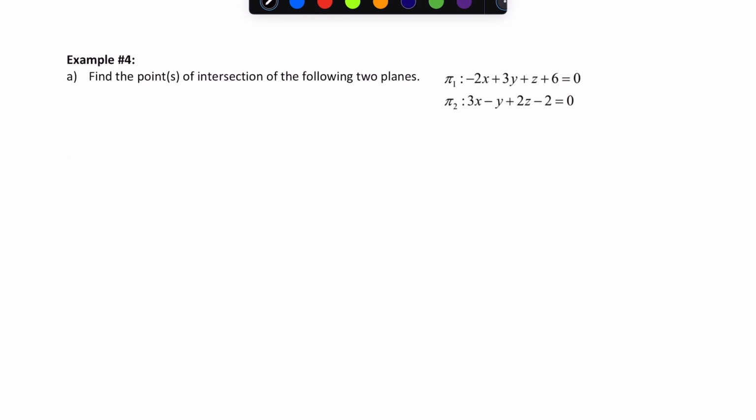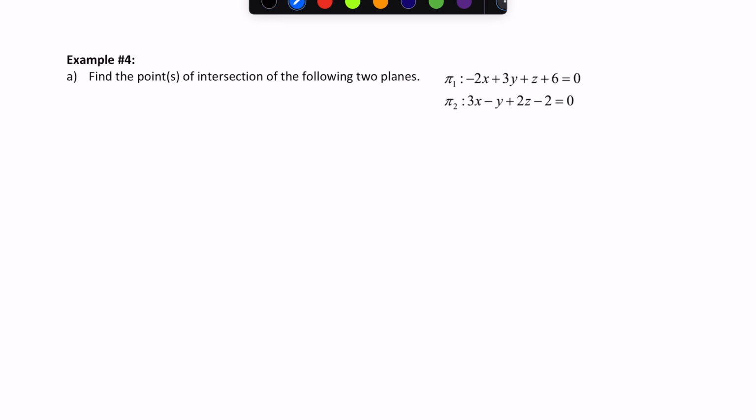So finally here, example number 4 says find the point or points of intersection of the following two planes. The first equation is -2x plus 3y plus z plus 6 is equal to 0, and our second equation is 3x minus y plus 2z minus 2 is equal to 0.